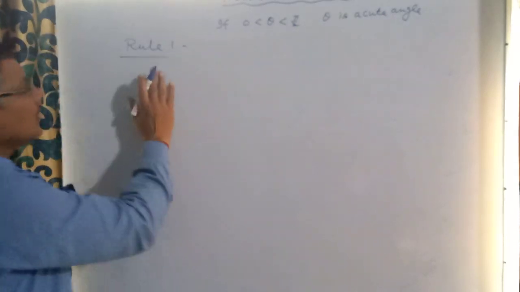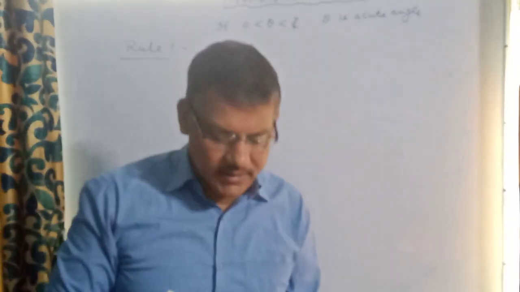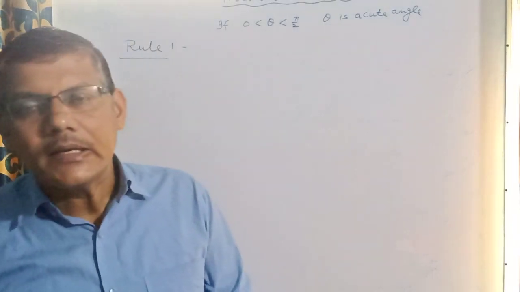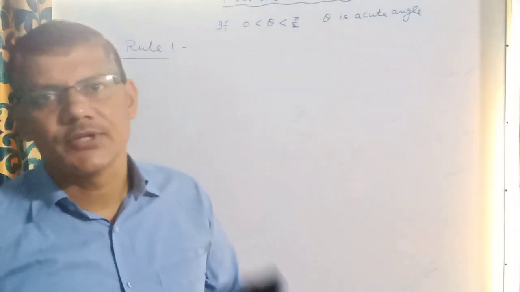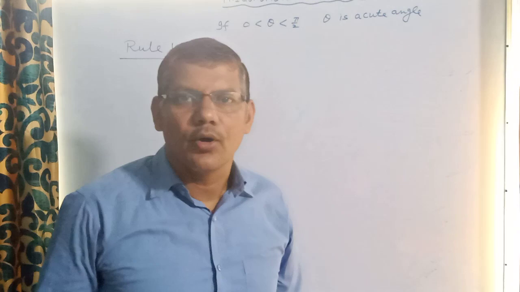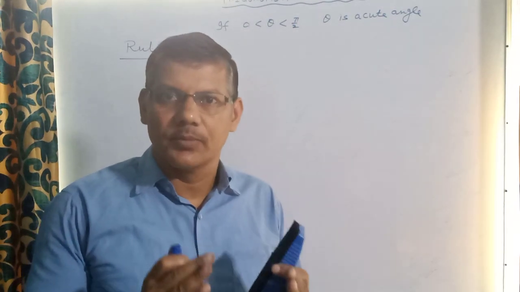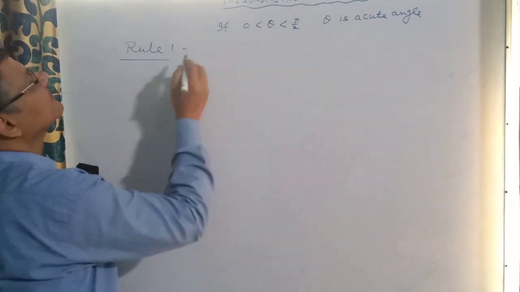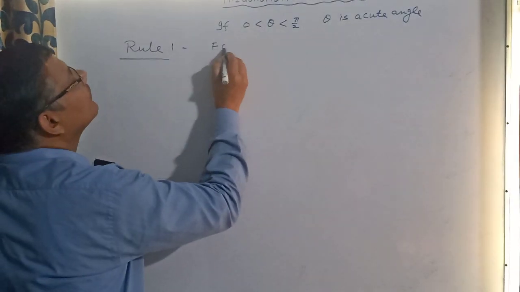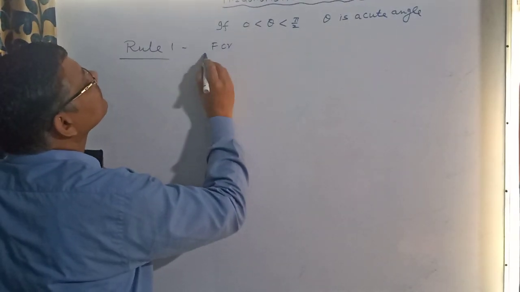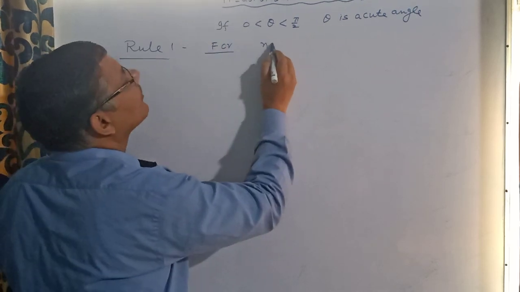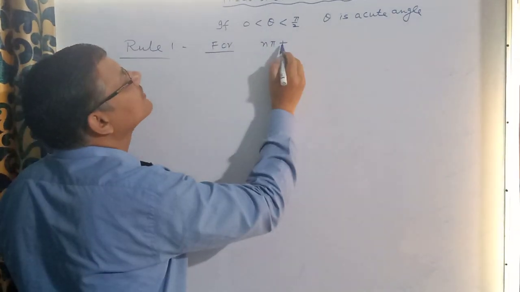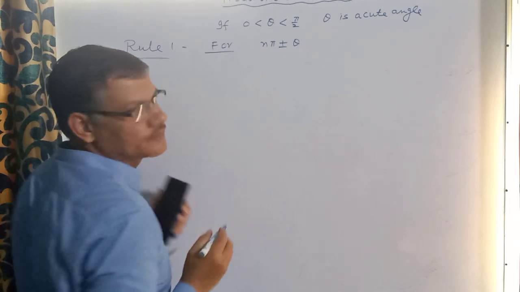So, rule number 1. Here I am going to divide it into two parts. One is any integral multiple of pi plus or minus theta, and the other is any odd integral multiple of pi by 2 plus or minus theta. So rule number 1 is for n pi plus or minus theta.